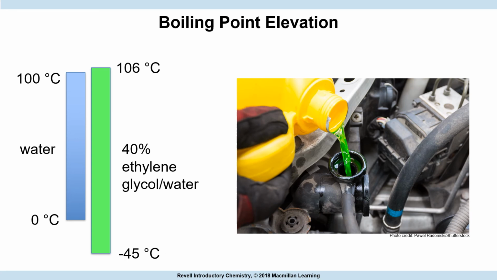When we add some concentration, some of that ethylene glycol, which is antifreeze, we will broaden the spectrum here. It won't boil until 106 degrees C, and it won't freeze until way down to -45 degrees C, and that's by adding antifreeze, or replacing the majority of our water with antifreeze in our radiators, in our vehicles.